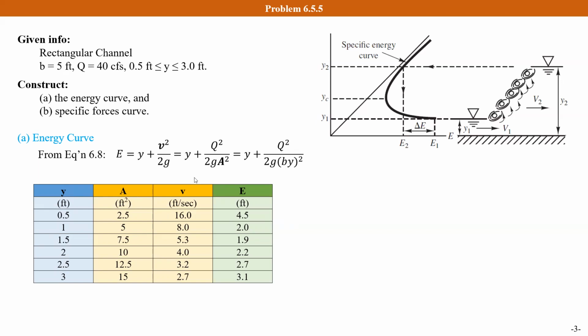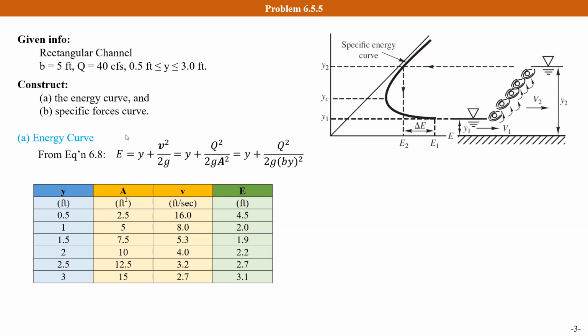And then we can calculate the corresponding velocity. It equals Q over A. Q is a constant, 40 cubic feet per second. A is what we just calculated, 2.5. So we use 40 divided by 2.5. It equals 16 feet per second.